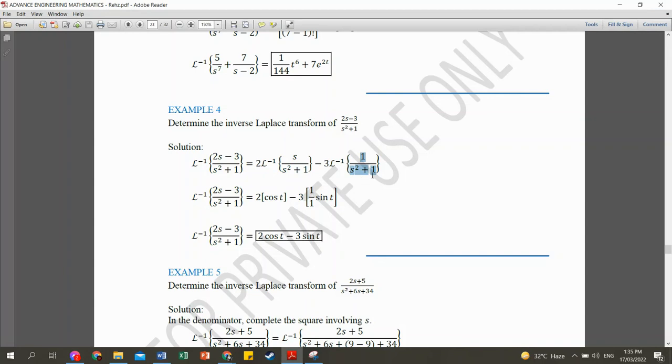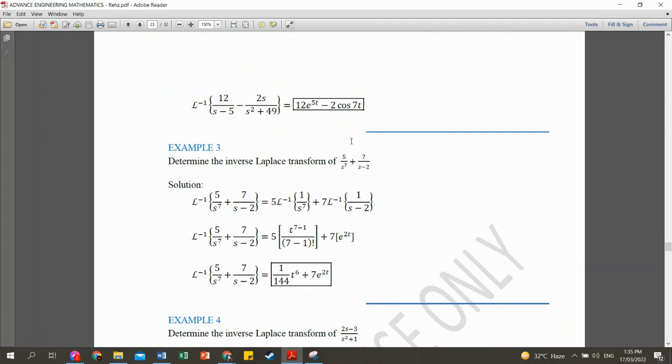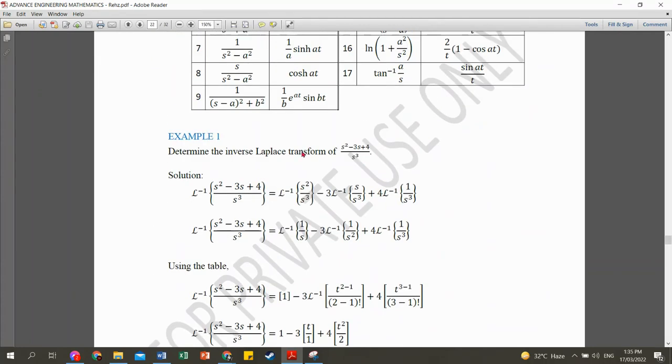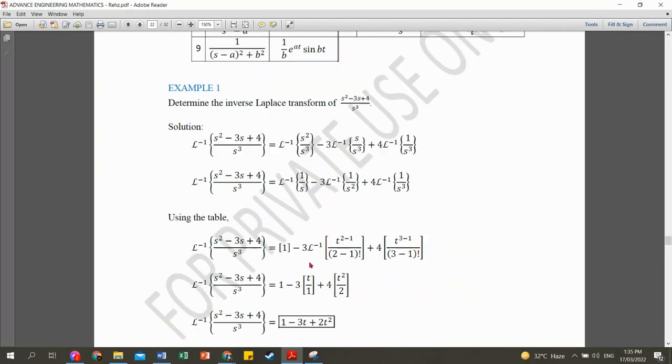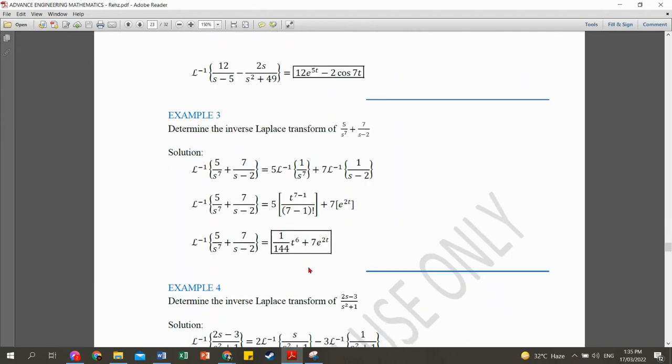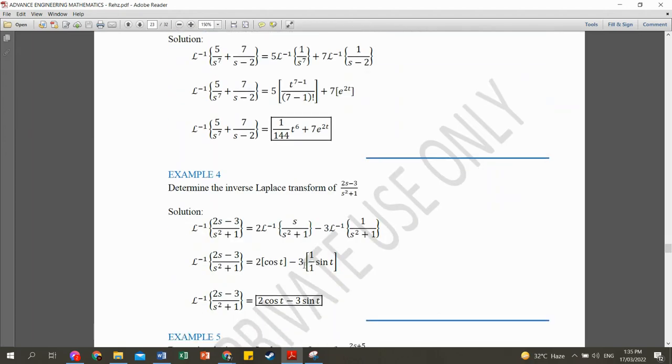Okay? So I just factored out so that I can see these two in our formulas. Actually, one is number 6, and the other is number 5, the one with 1 over s squared plus a squared, where a is simply equal to 1. Our a is equal to 1.